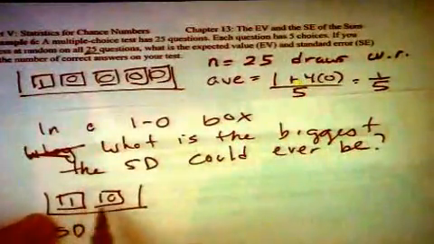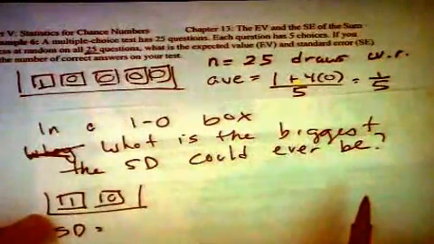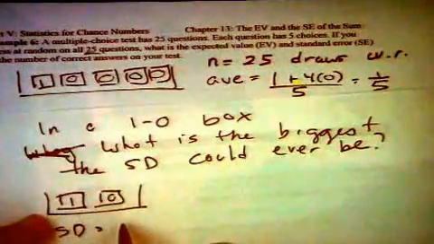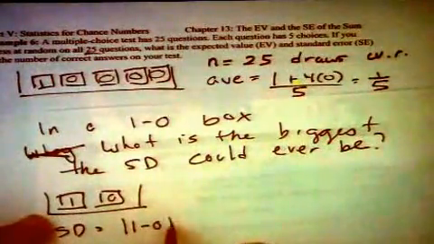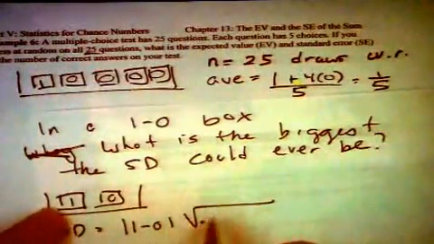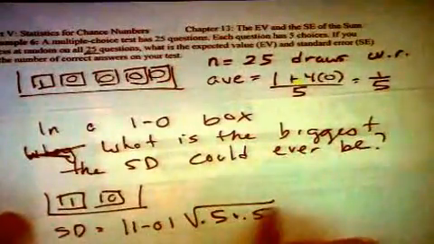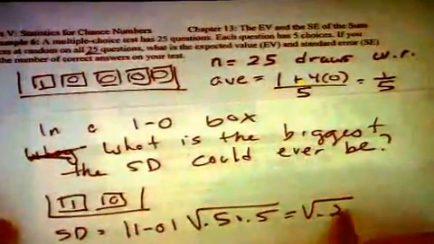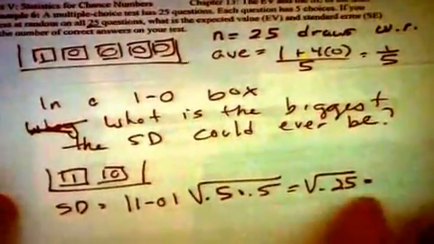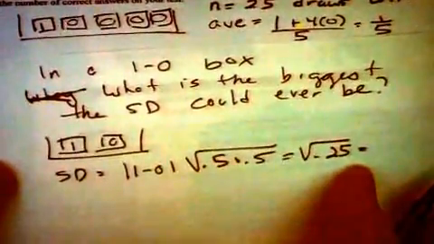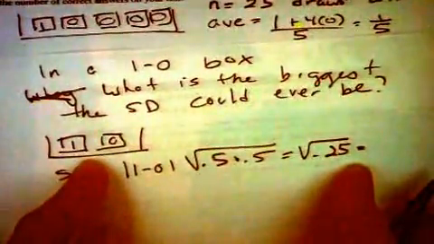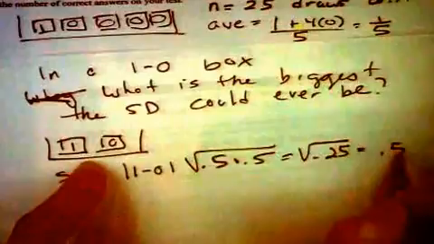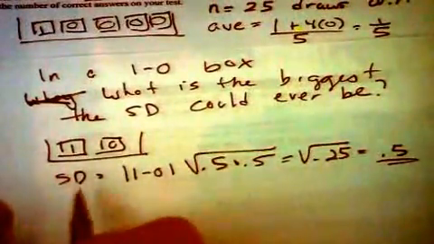Can we just forget about the 1 minus 0 because it's always going to be 1? I mean, if you want to put it in, you can. But it's going to be the square root of 0.5 times 0.5, which is the square root of 0.25, which is what? What do you think that is? 0.5. Okay, let's try another one.